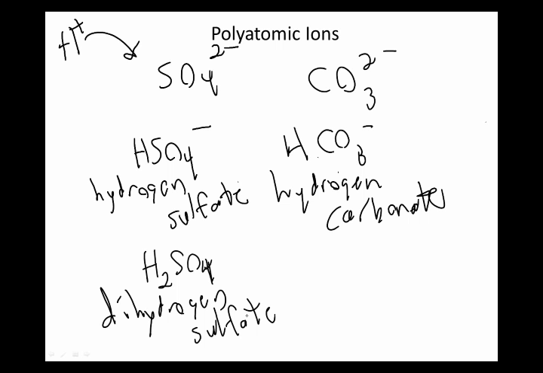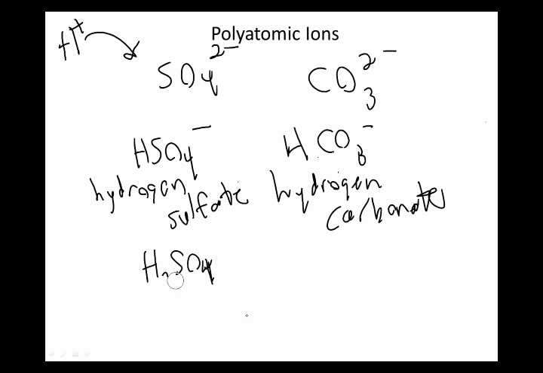So what actually happens if you put enough hydrogens, H pluses, in front of a negative ion to make it neutral, you now actually have an acid. We'll talk about acids later on in chapter 10, but we'll come back to that. So that's why you don't have to worry about having hydrogen chlorate, because that's actually an acid. It's not a polyatomic ion.